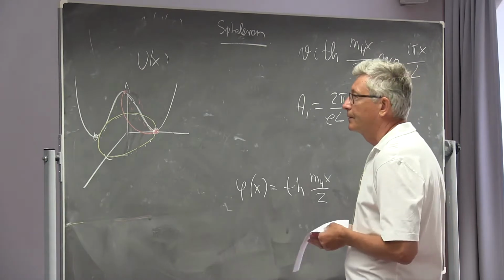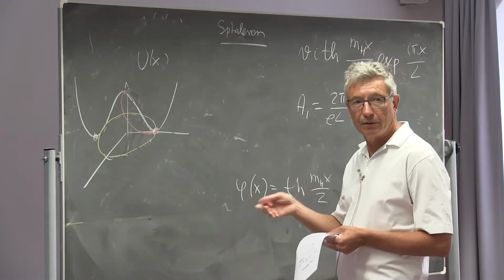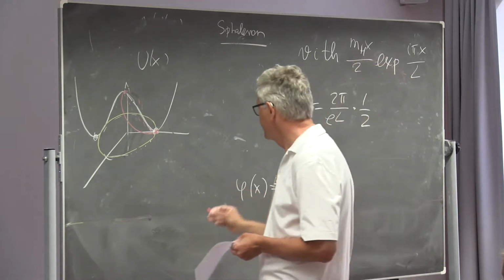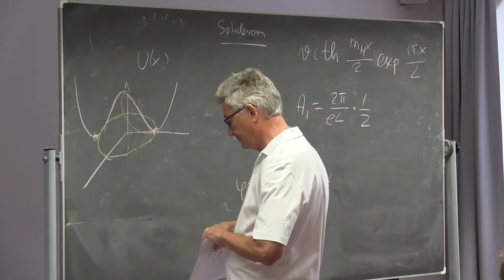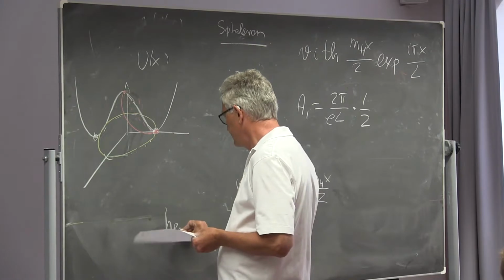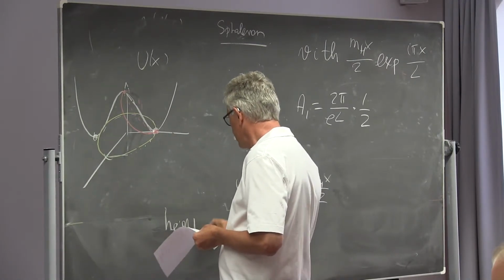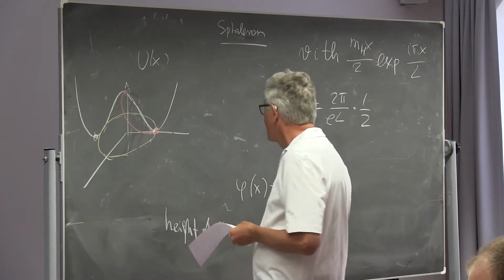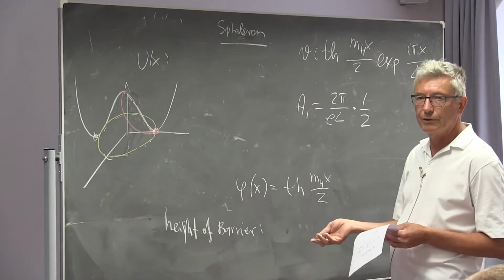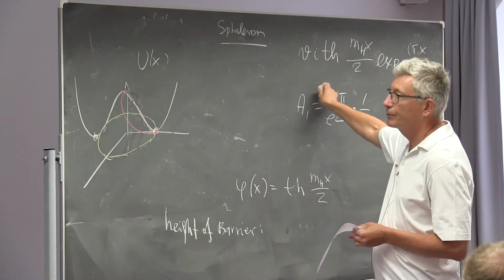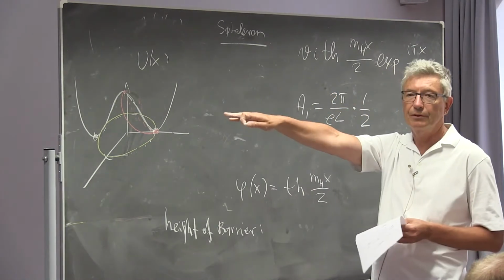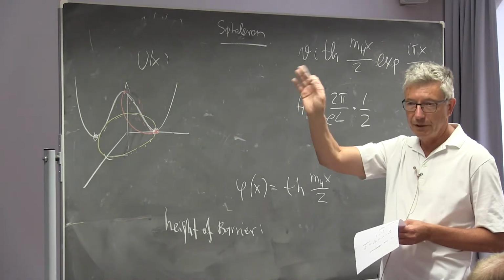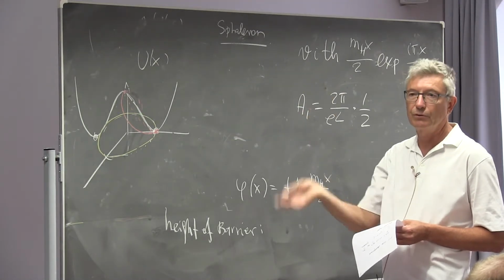Now you can ask yourself, what is the height of this barrier? How to answer this question? Very easily. You have the configuration, you insert it into the energy, which I erased, you do a computation, and you get the answer.